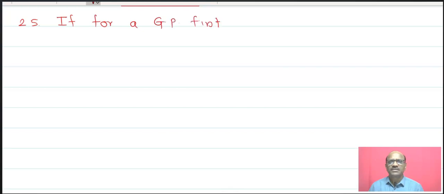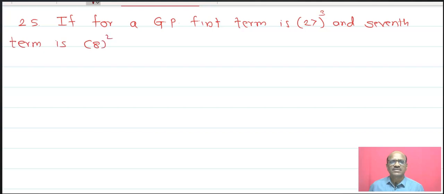Now, next, problem number 25. If for a GP, the first term is 27 raised to 3 and the seventh term is 8 square, find S8.